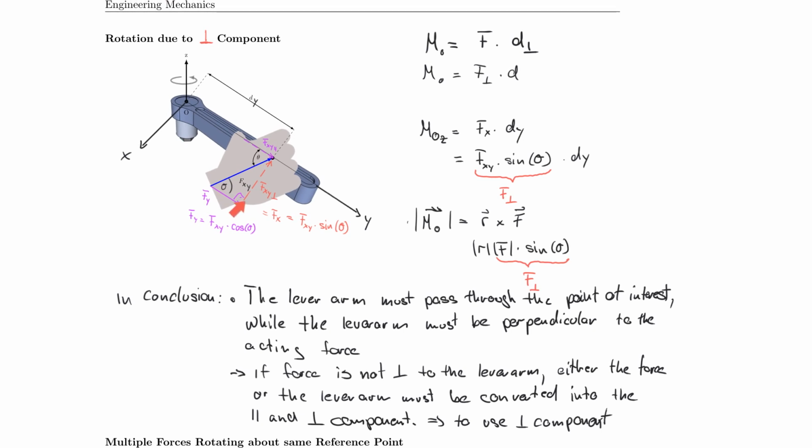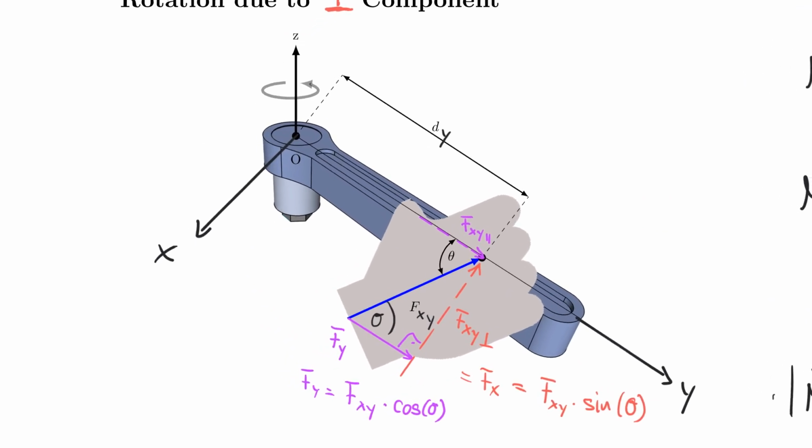And again, in this case, I used the perpendicular component of the force, but I also could have kept the force in its original form and then just turned the lever arm into its perpendicular component. Just for completeness, let me zoom in on that one and show you how that would look.